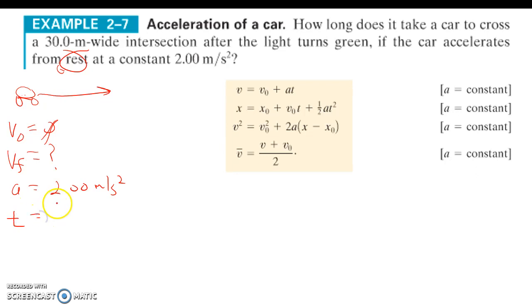Time, we don't know. Position, well, we know our starting position is going to be 0. This is going to be our origin, so we'll be at 0. But then our final position, we want to see how long it takes us to get to 30 meters. So we're going to say that's going to be our final position. So we know position, initial velocity, and acceleration; we don't know final velocity or time.